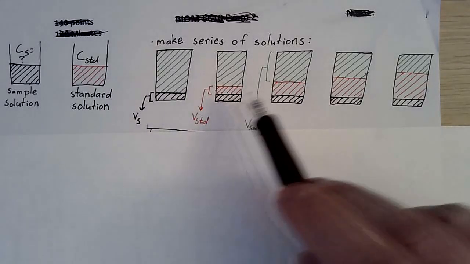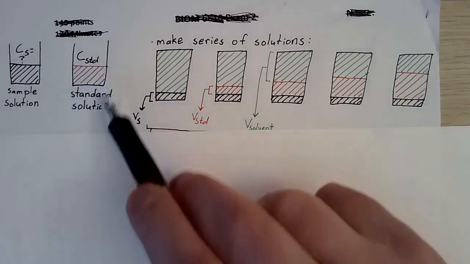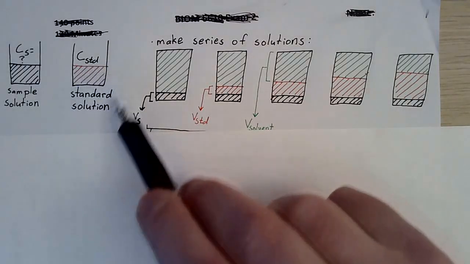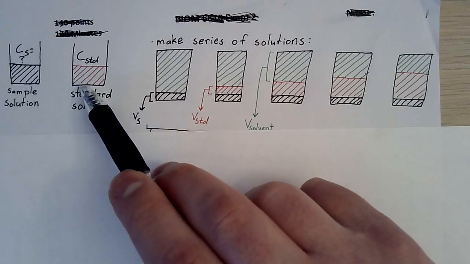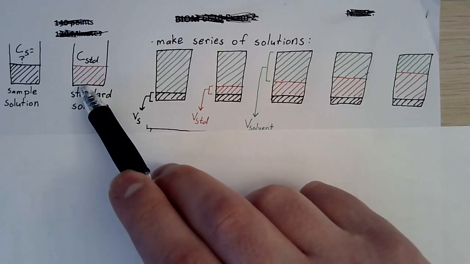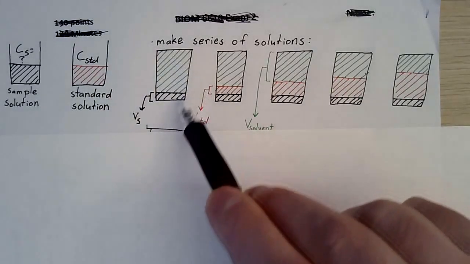Then to each of these solutions, we add some of the calibration standard, of the standard solution that we made, and we know the concentration of this because we made it. Now, it's important that we note that we don't add any of it to this first container.